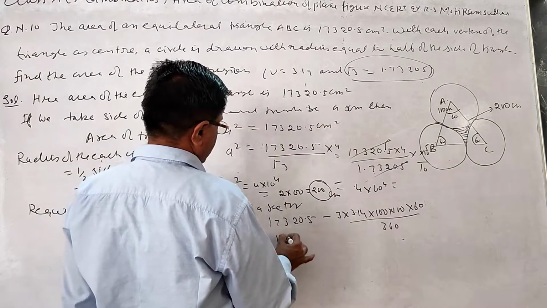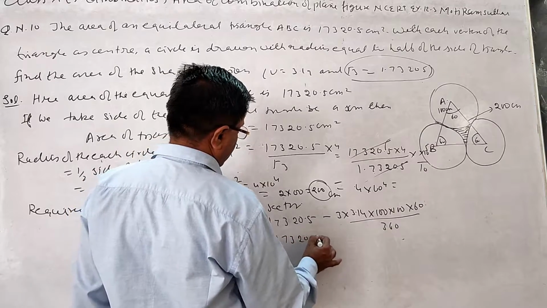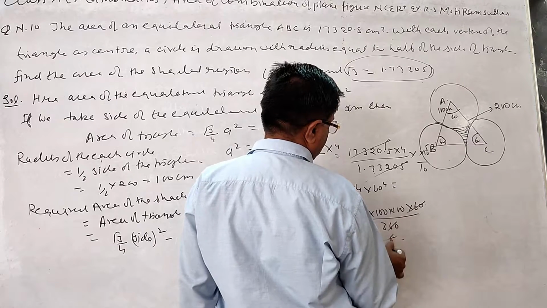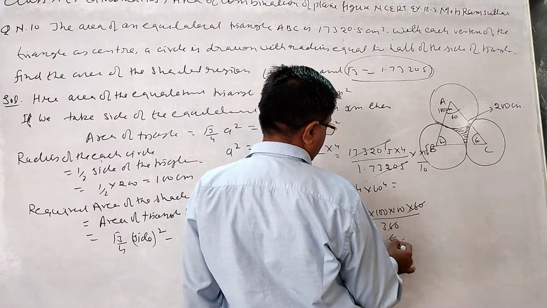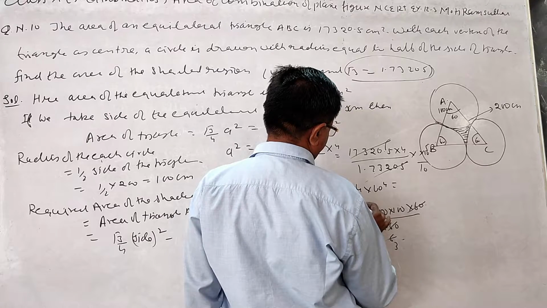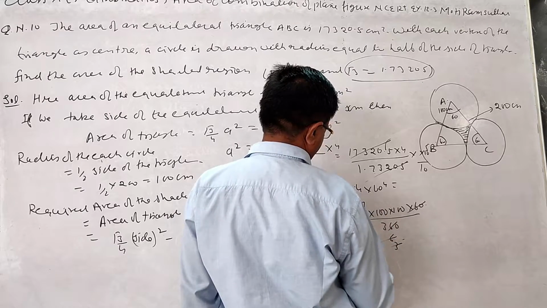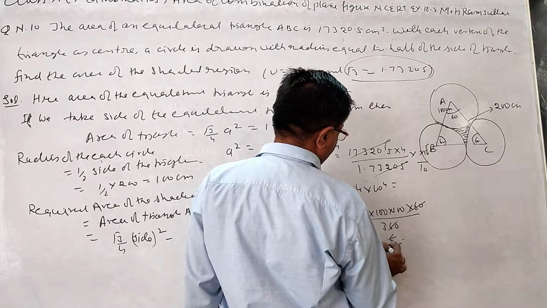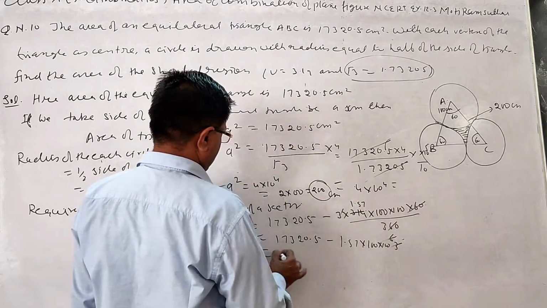So you can solve this one, you get the answer. So this will be 6. If you divide this 6 by 2, 3. 6 will divide to 1.57. 3 will be 3. So 1.57 into 100 into 100. So very easy calculation.